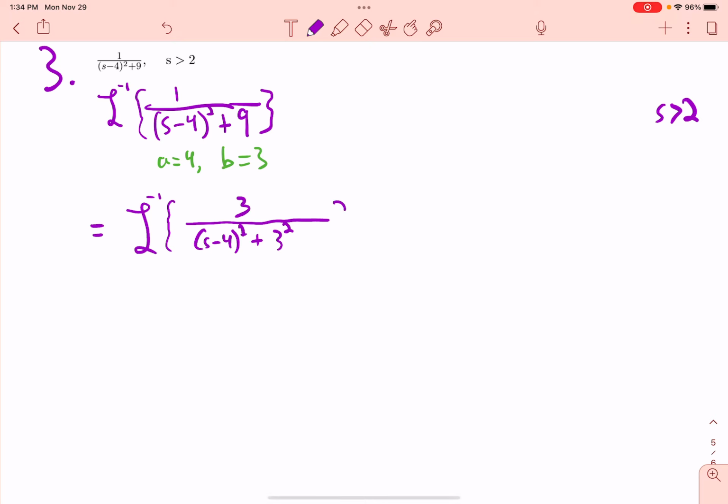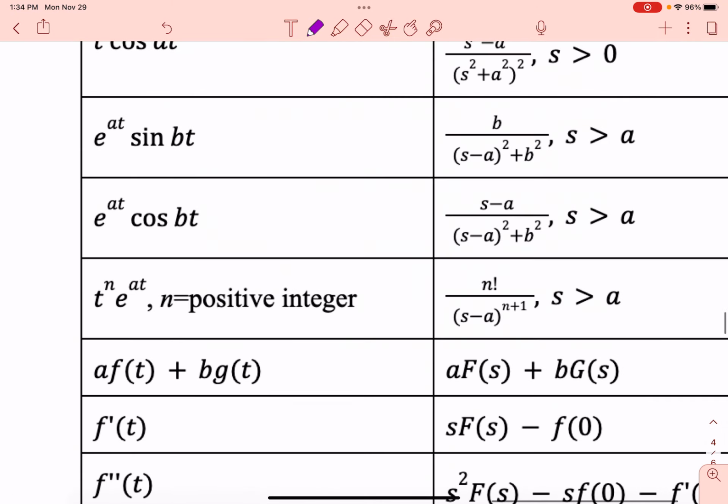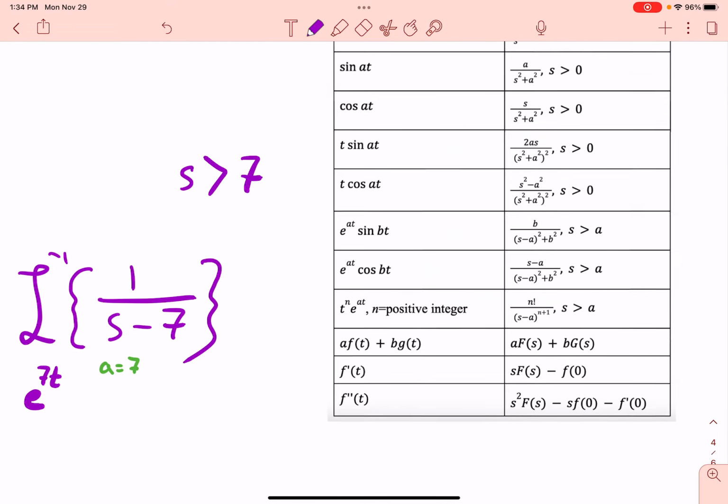I'll put a 3 on the top, but if I put a 3 on the top, I have to divide by a 3 outside. This is sort of one way of looking at putting a 3 on the top and on the bottom. And since this one is a constant, I can move it out into the front. And now this looks exactly like the template. The answer for this inverse Laplace transform is, if we look carefully, this is e to the at, so that's going to be e to the 4t, sine bt, or sine 3t.